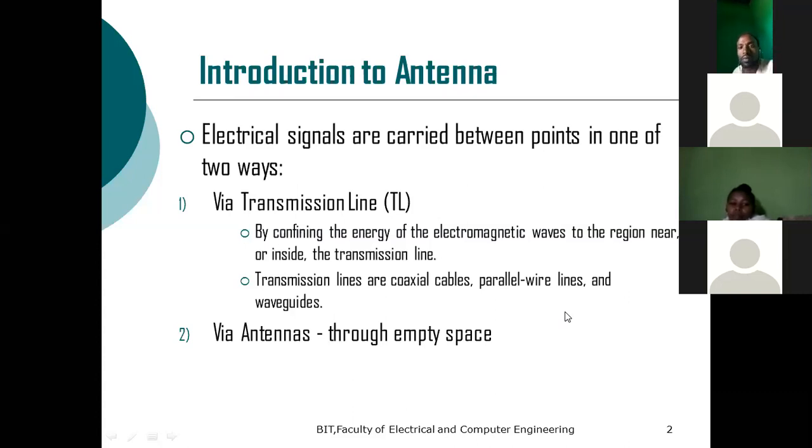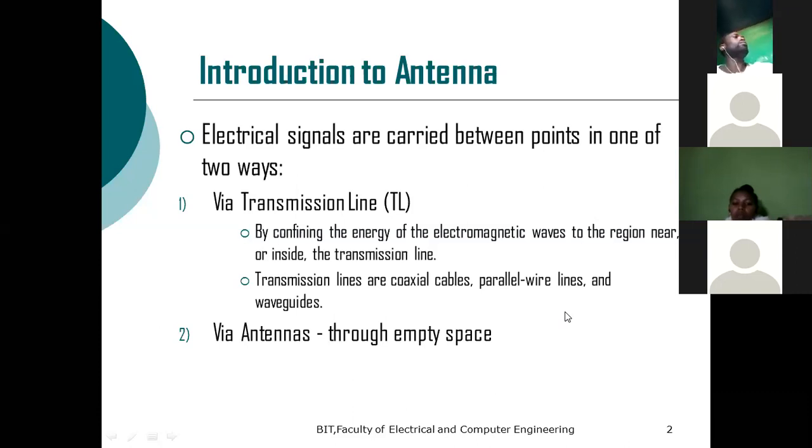Basically, there are different types of transmission medium or transmission lines. They are the coaxial cable, the parallel wire line, and the waveguides, which can be taken as good examples of transmission line. Whereas the other means of transmitting a signal from the source to the destination is using an antenna, which uses the air or the empty space as a medium to transmit this signal.